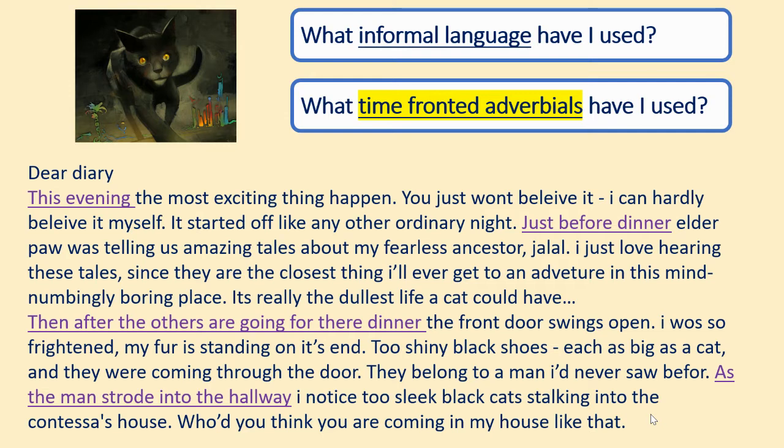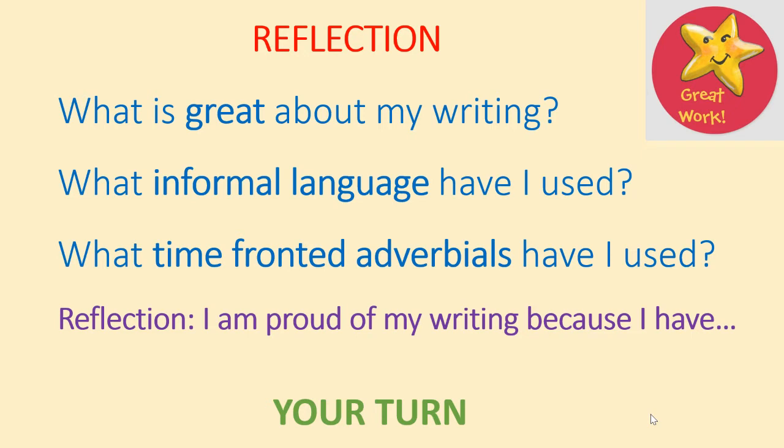And I really like that I've used different types of time-fronted adverbials. So in my reflection, that's what I'm going to say. I'm really proud of... I'm going to say I am proud of my writing because I have used a range of time-fronted adverbials to tell the reader when something happens. That is going to be my reflection.